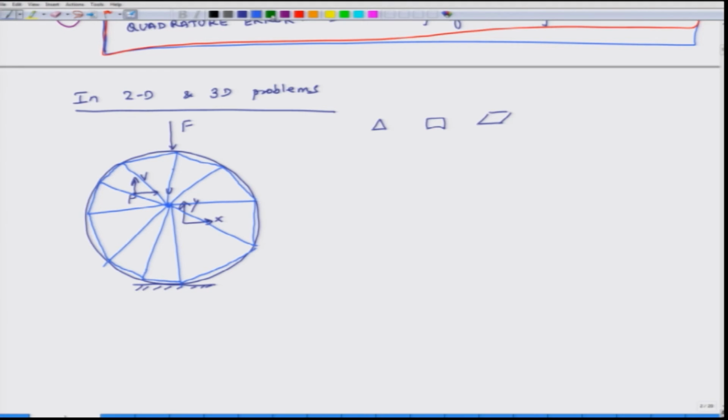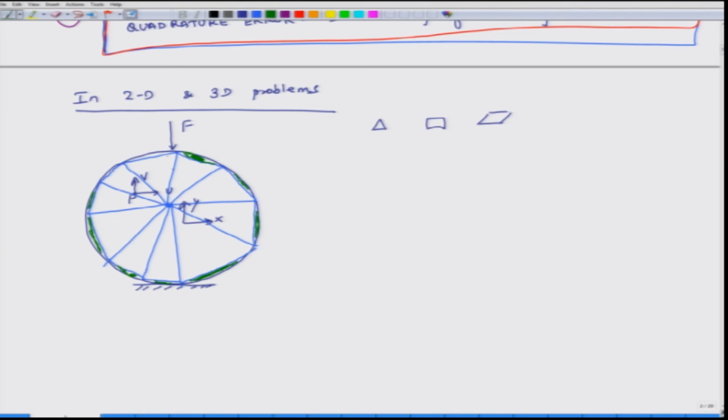Right. And what we have is this extra stuff, this green area. So, the green area is not covered by these triangles. This remains outside the triangles.